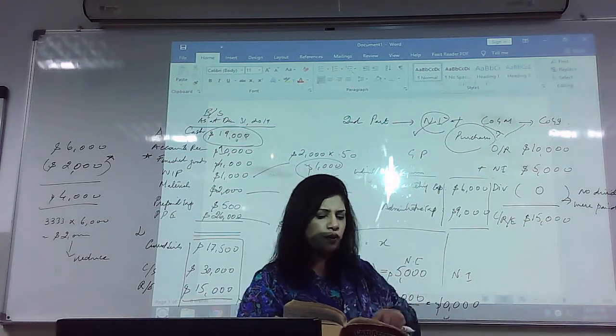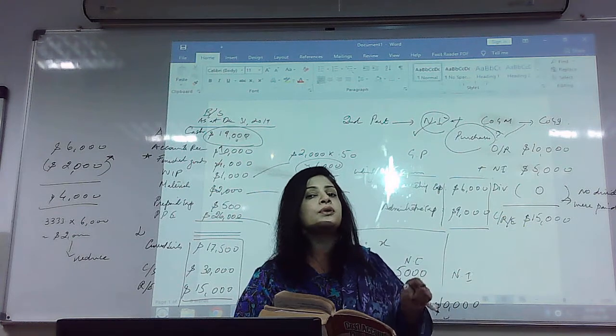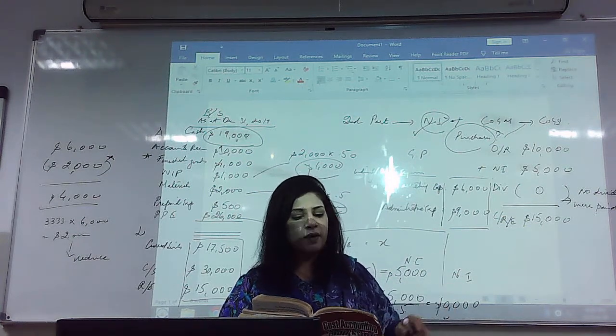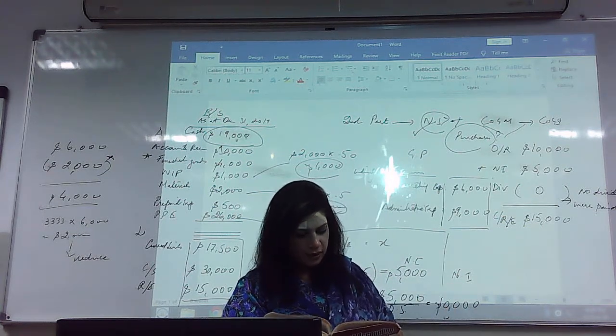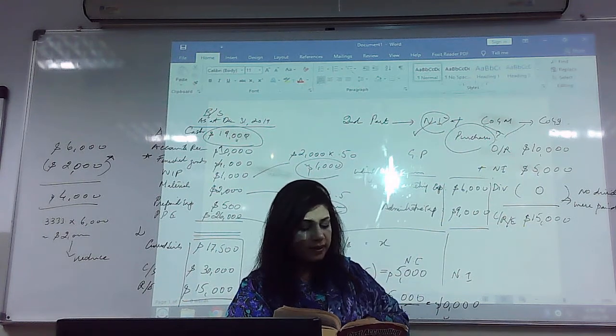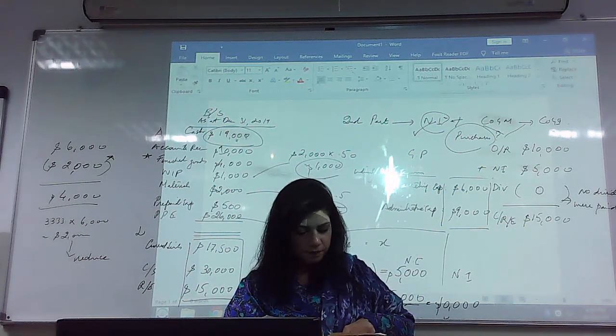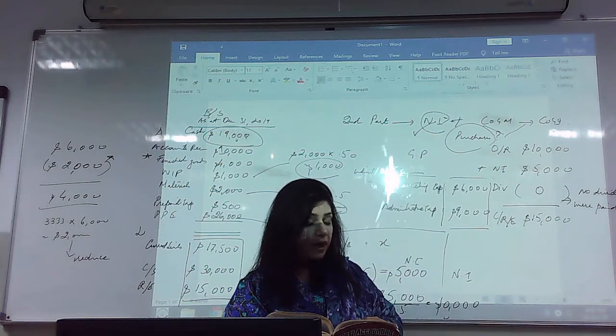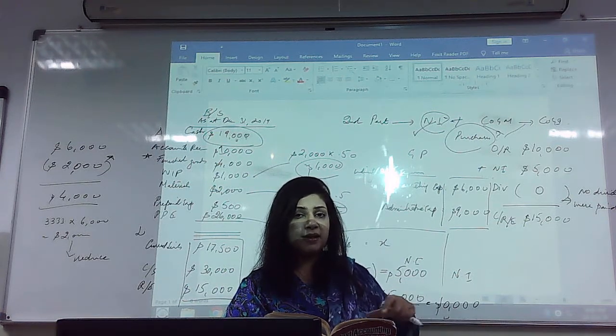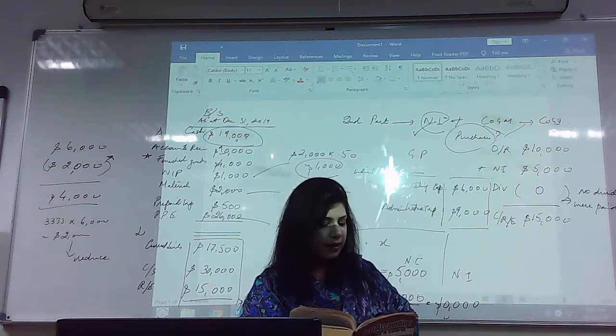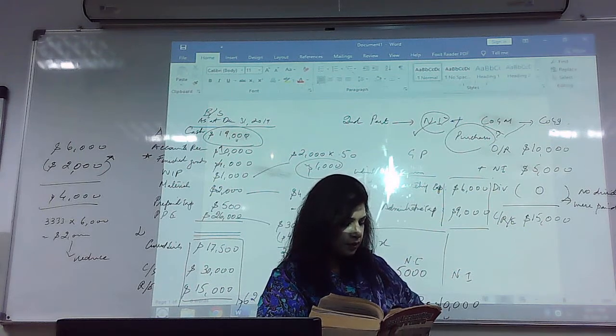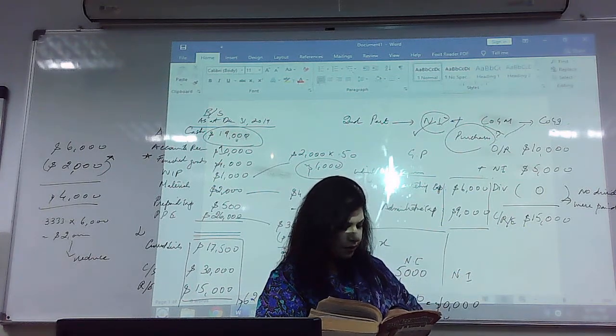Keep going down. Whatever closing value is given for direct material, you get direct material used, plus factory overhead. There's also direct labor, sorry. The direct labor would be $9,000 and factory overhead would be 100% of direct labor applied, which is $9,000. There are no utilities.